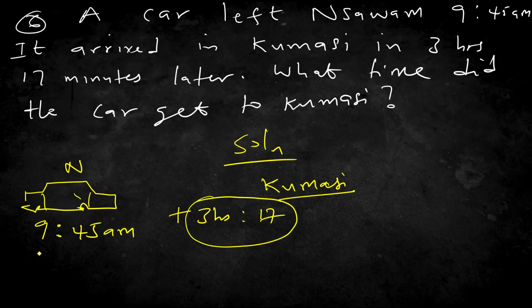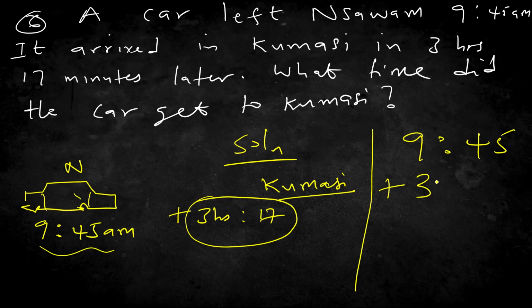So if we have to calculate the time that the car got to Kumasi, we need to add 3 hours 17 minutes to 9:45. So we have 9:45 plus 3 hours 17 minutes. When we add 15 minutes to these 45 minutes, it will be 1 hour.